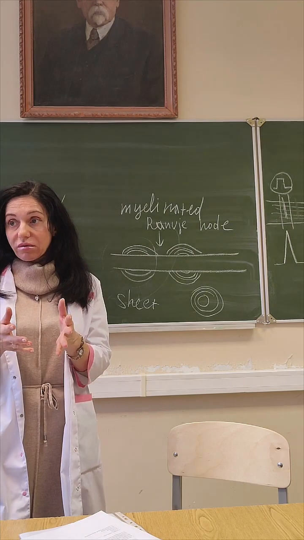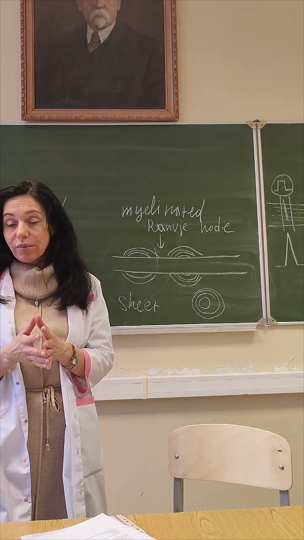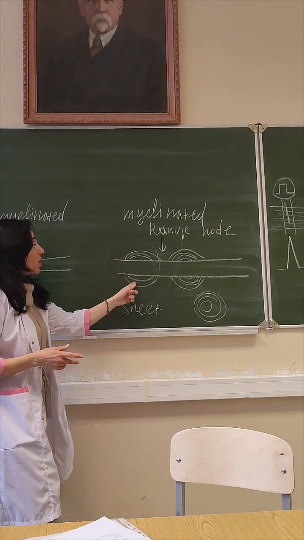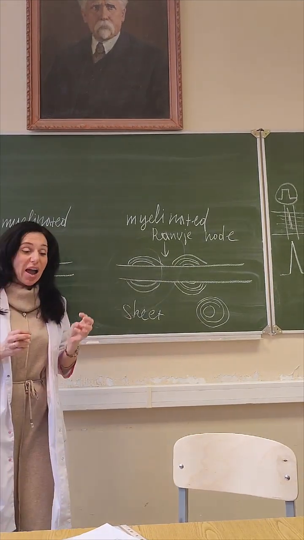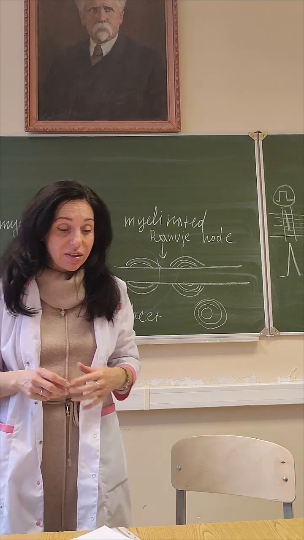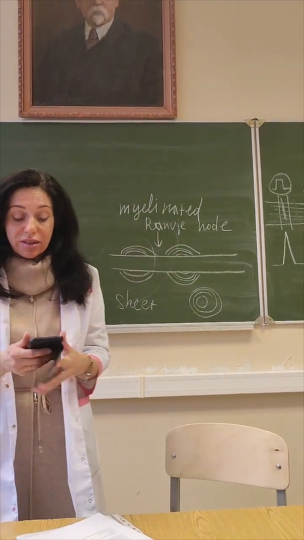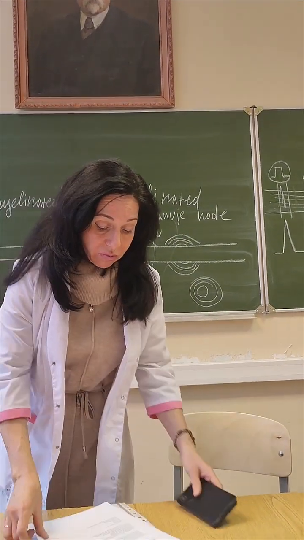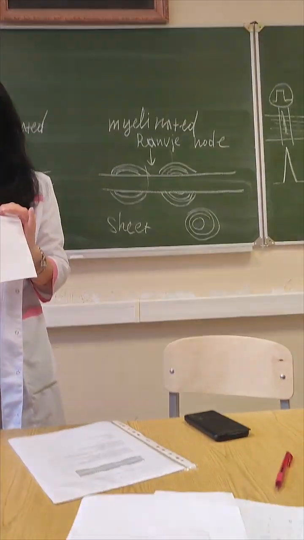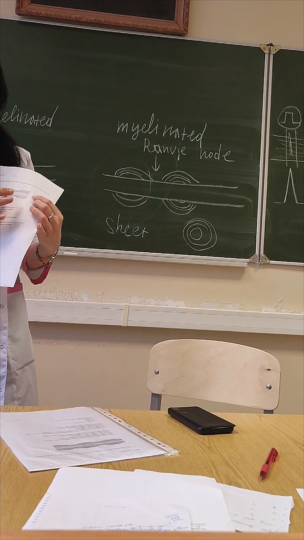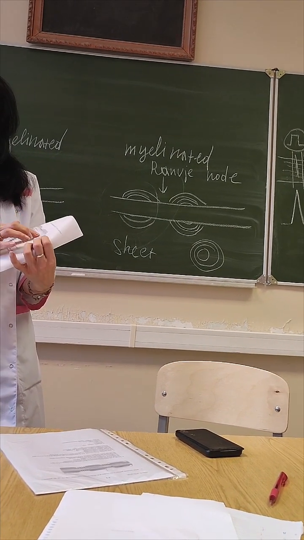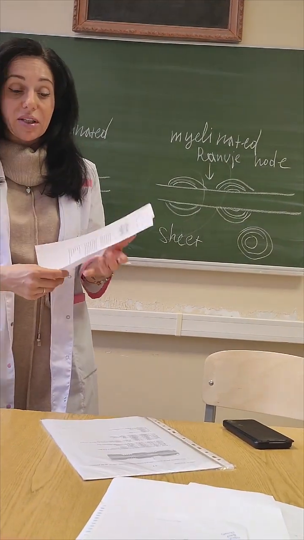Do you know physics? Resistance. So this part with myelin sheath has high electrical resistance. This is a scheme of myelin sheath, myelin, and the empty space, Ranvier.